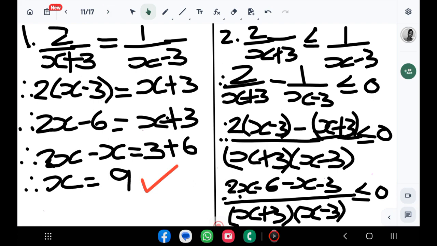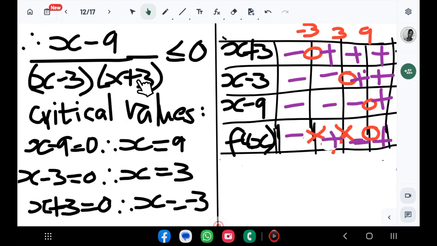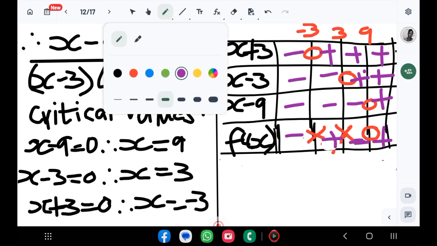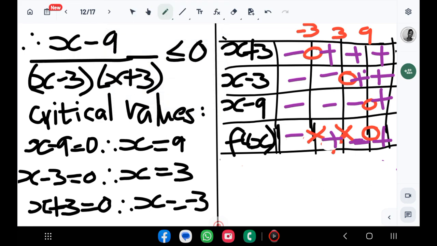Where that is less than or equal to, that is when it is less than or equal to 0. So f of x, which is x minus 9 over x minus 3 times x plus 3, is less than or equal to 0.